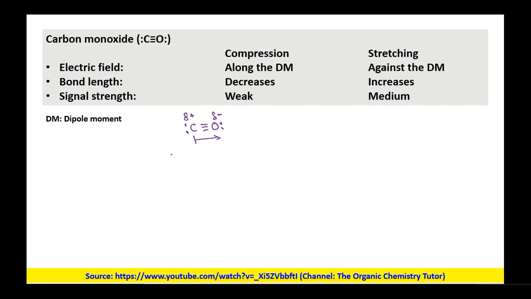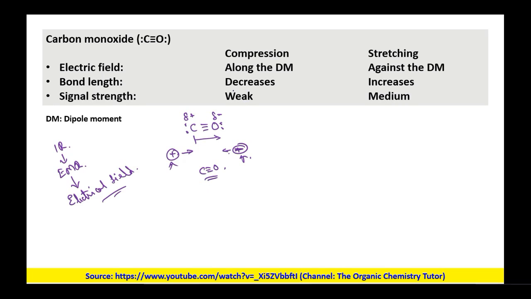Now if you apply an electric field in this way, the positive will be repelling this bond, and this negative charge will be repelling this bond. Why have I drawn this positive and negative? Because we are using infrared radiations, which are electromagnetic radiations, and they have an electric field. So if this happens, you will be getting a decrease in the bond length of carbon monoxide.